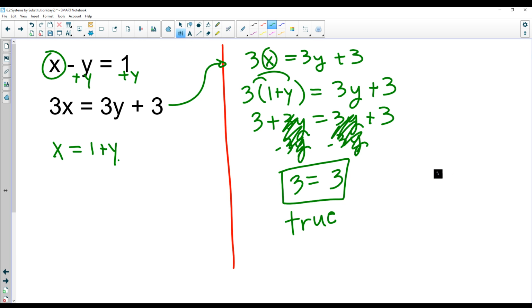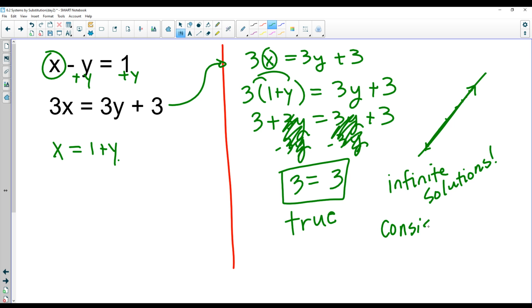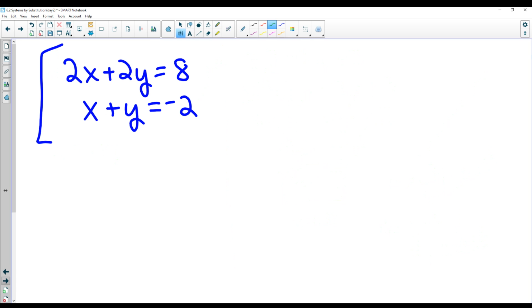So this would be a case where your lines are in the same place because every point that they share is a solution. Okay, so this would be a case that there are infinite solutions. And this would be consistent dependent. Okay?